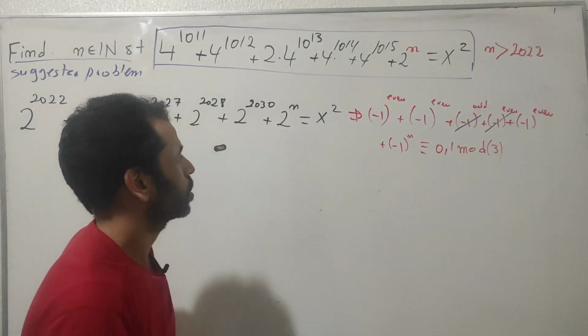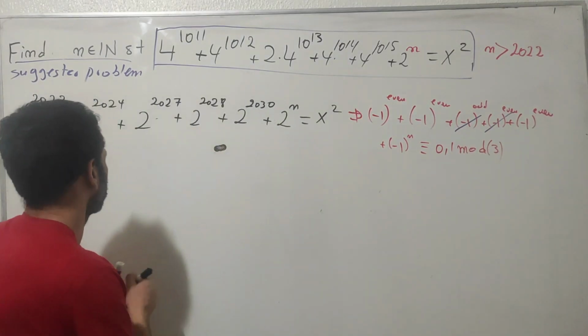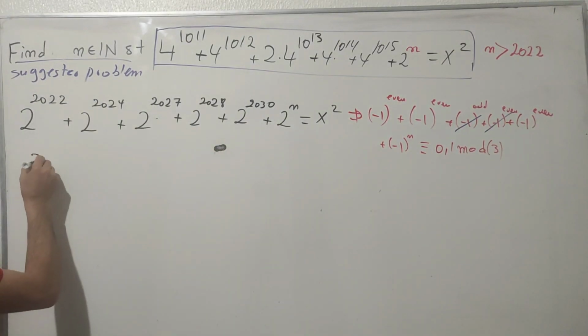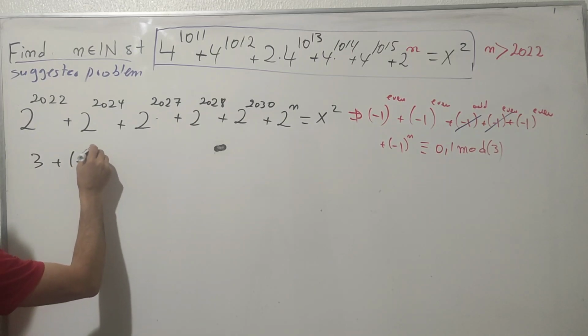So I get 1 plus 1 plus 1, which is 3. So we get 3 plus -1 to the n.